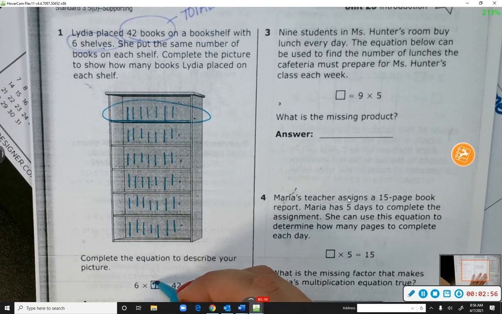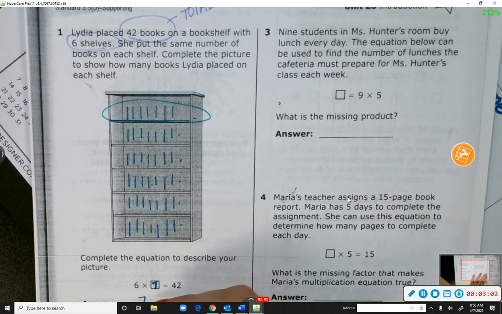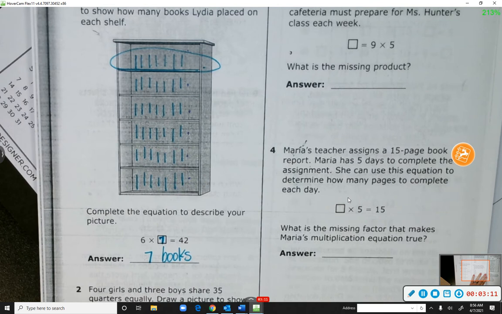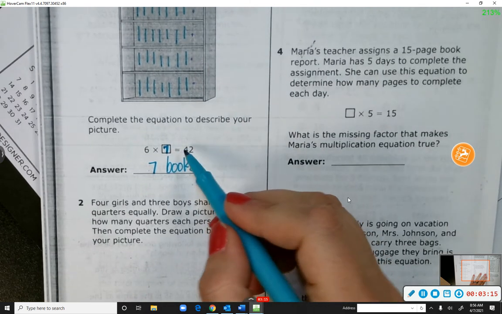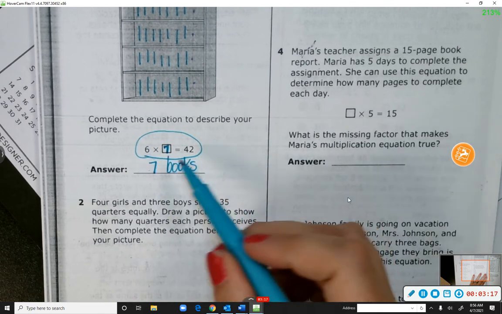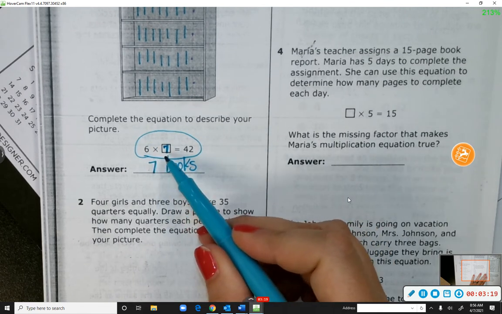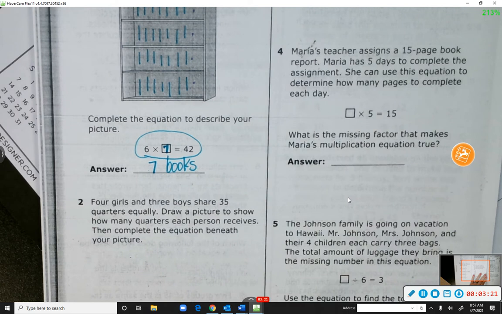So 6 times 7 equals 42. Okay? Good so far? Yeah. So we actually divided, but the equation was a multiplication equation, so they go together.